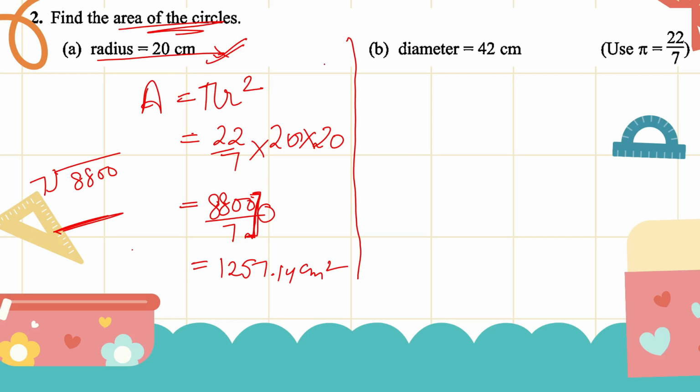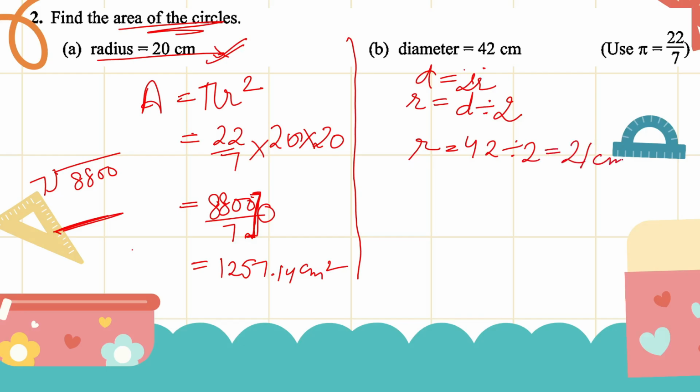Next is the same, but here the diameter is given. In the area sums we need to find the radius first. Diameter is given, diameter is 2r, so radius is d divided by 2. Now r is 42 divided by 2, that is 21 centimeter, that is the radius.